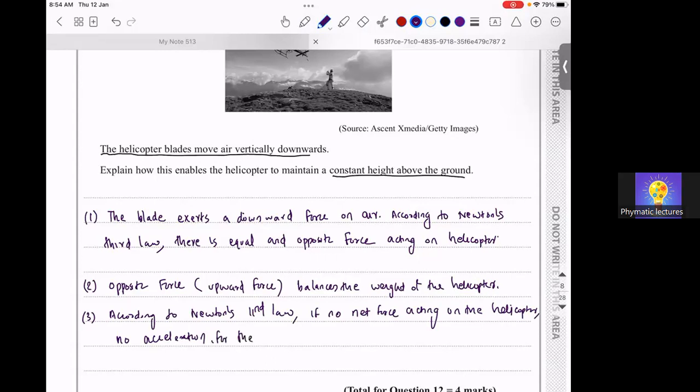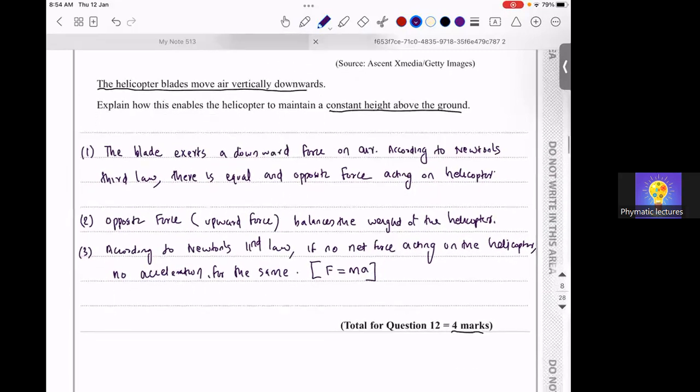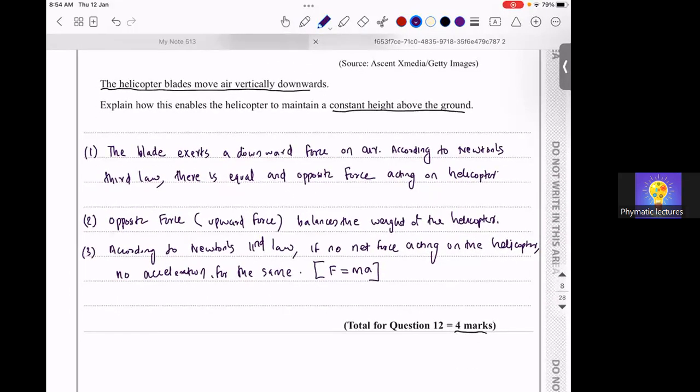For the sigma, in brackets, if you want, you can note this down: F is equal to ma, correct? You have F equal to 0, therefore definitely acceleration is equal to 0. Hence, the helicopter maintains a constant height.